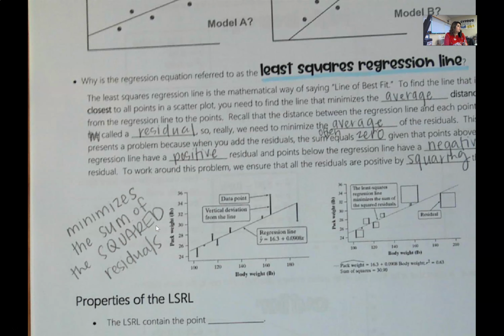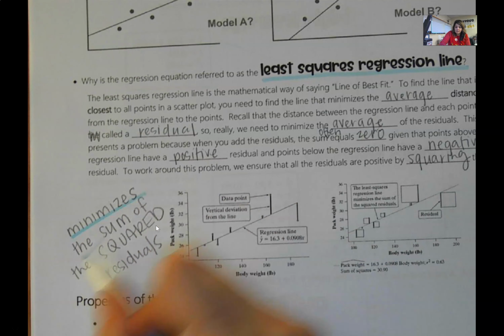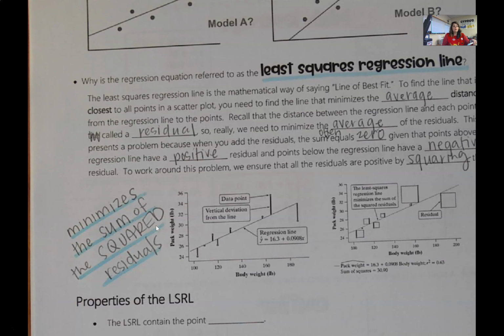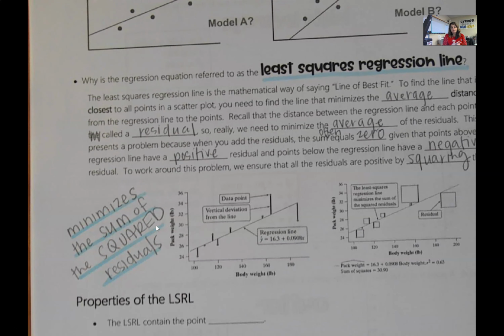We have to square them because the negatives will cancel out the positives, and that will not give us an accurate picture of our average residual. So it minimizes the distance, the average distance from the points to the regression line.